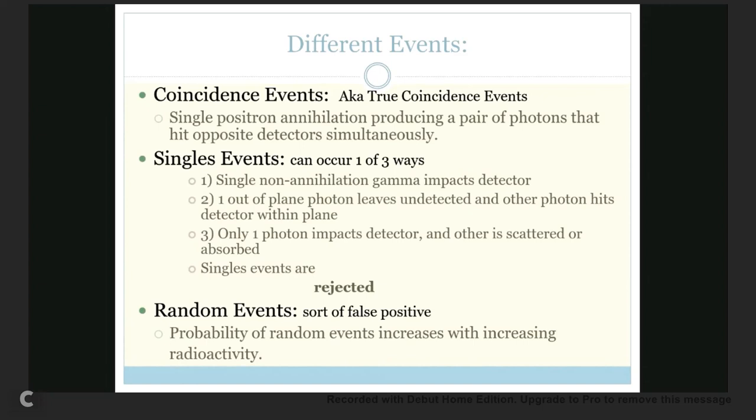Then you have one out of the plane photon that leaves undetected and another photon hits the detector within the plane. And then the third one, where only one photon impacts the detector and the other is scattered or absorbed. And then you have your single events, which are being projected. Okay? Then you have your random events, which produce one false positive, and the probability of random events increases with increasing radioactivity.